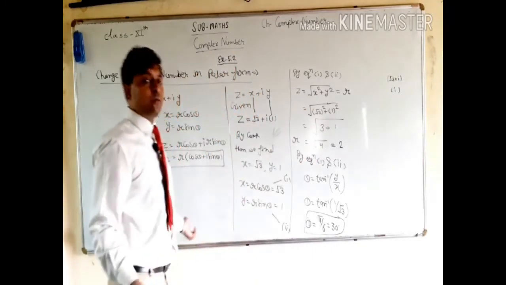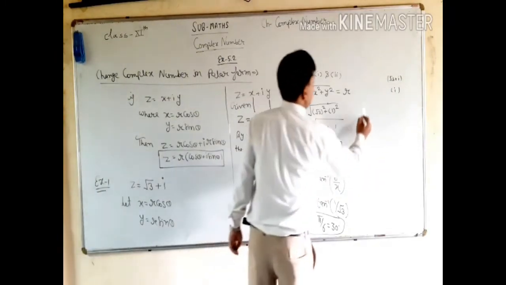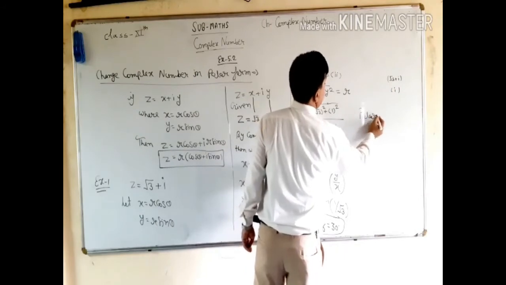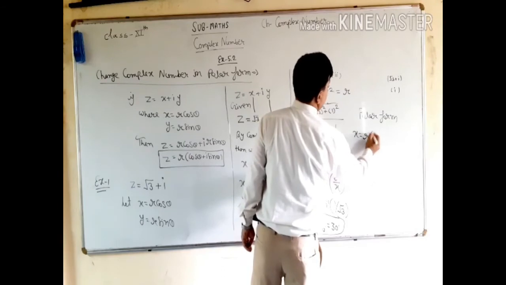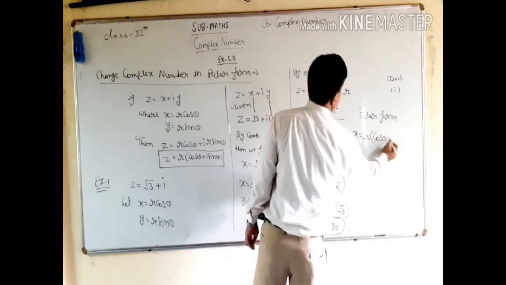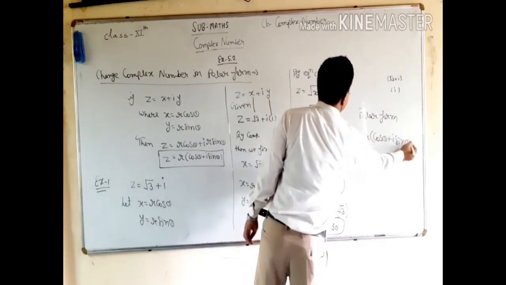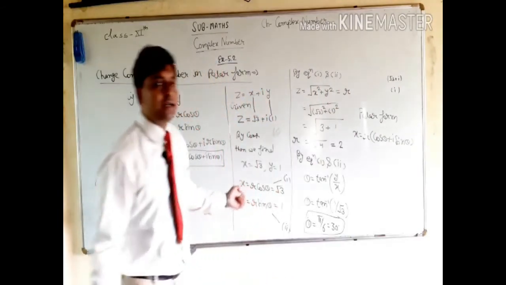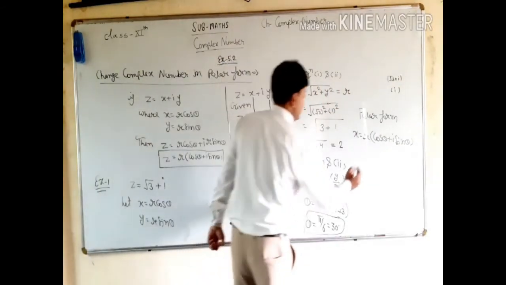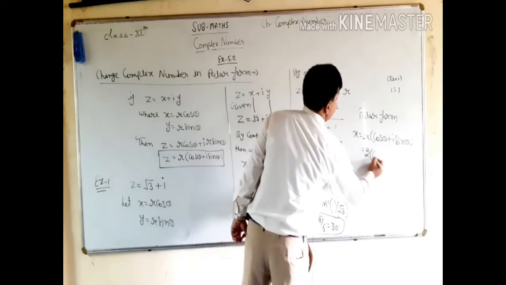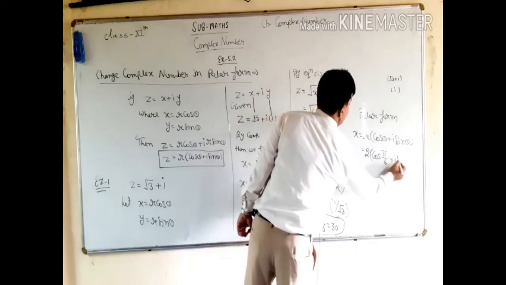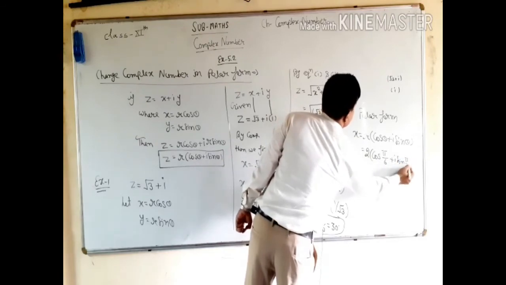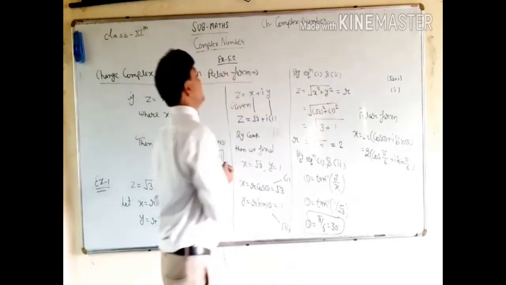And the polar form is z equal to r cos theta plus iota sin theta, and put the value of r and theta. The r is 2 and the theta is pi by 6. Okay students, this is the correct answer of this question.